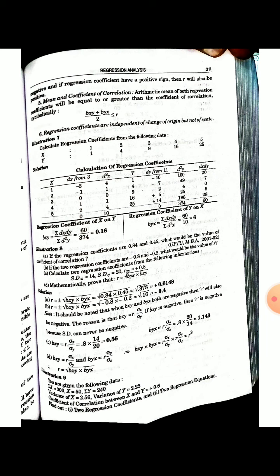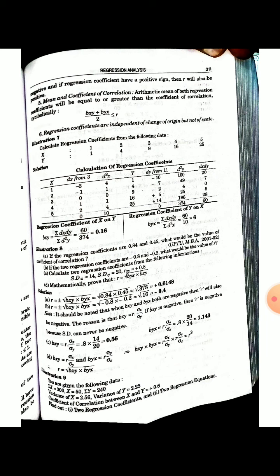So there will be minus 0.4, because here r will be negative since both bxy and byx are negative. The reason is that bxy equals r sigma x upon sigma y.